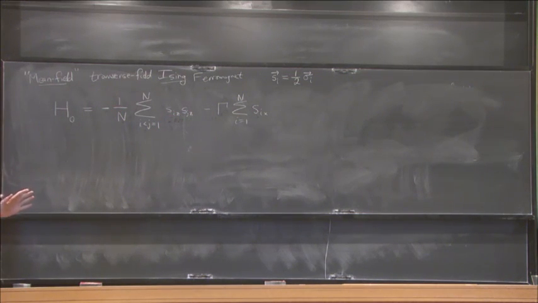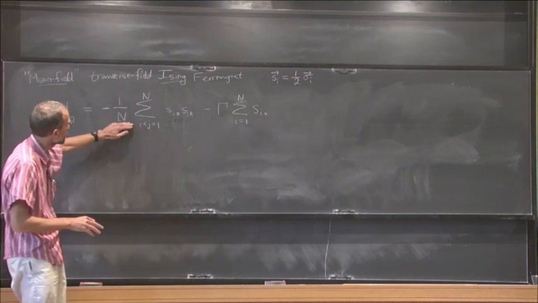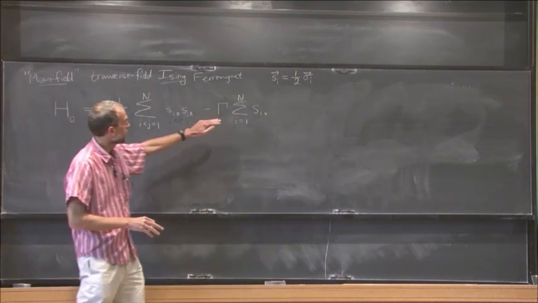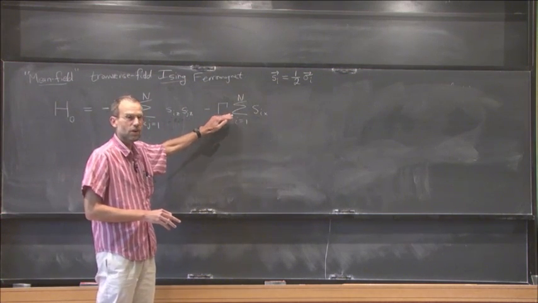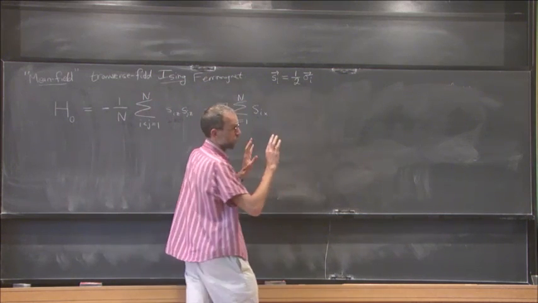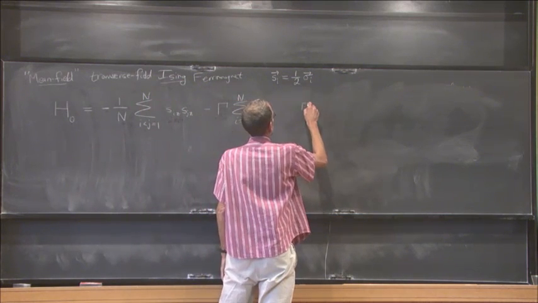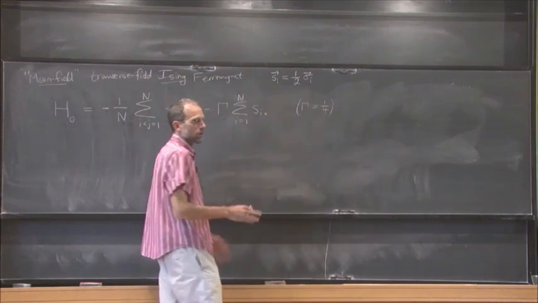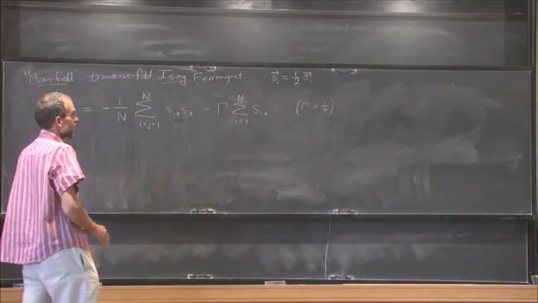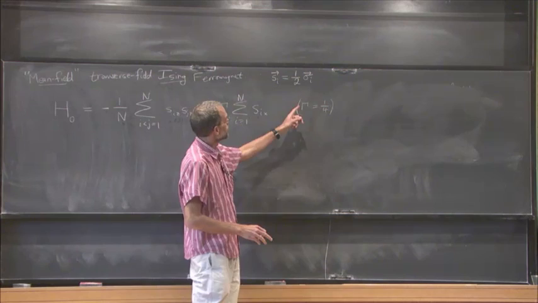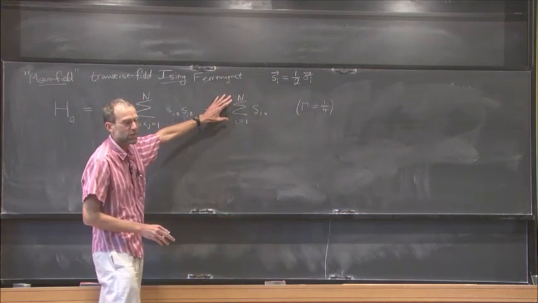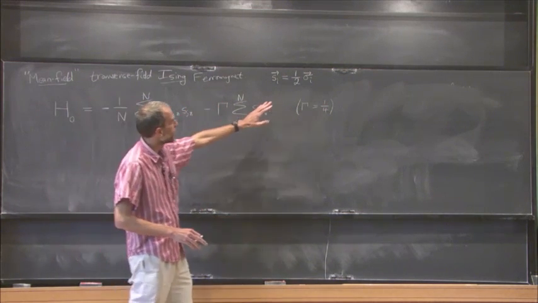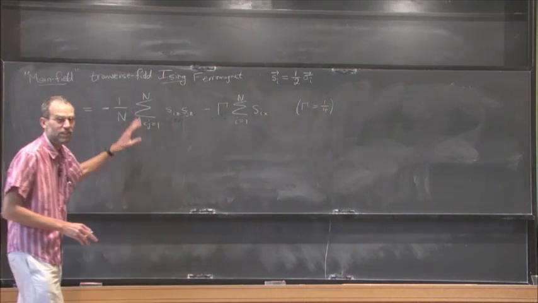I want to be in a regime where at low temperatures the coupling term wins, but the transverse field is still non-zero. Just to pick a number rather than look at the whole phase diagram, I'm going to take gamma equals a quarter. That's right in the middle of the phase where gamma is big enough so we have strong quantum effects due to this term, but small enough so the ground state is a ferromagnet.